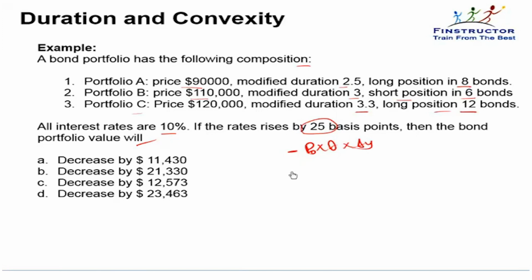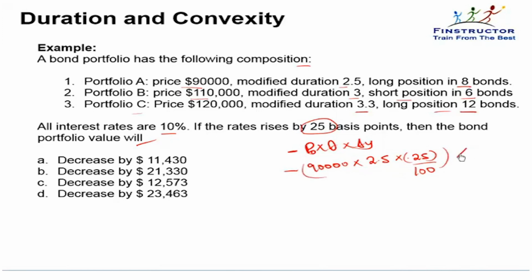So the original price is 90,000 for one bond. The duration of the bond is 2.5 multiplied by the change in yield, that is 25 basis points or 0.25%. That is 0.25 divided by 100. This is the fall for one bond. We have a total position in 8 bonds.